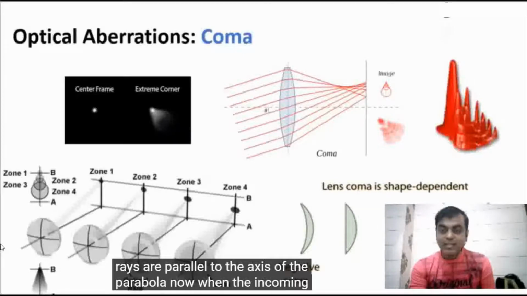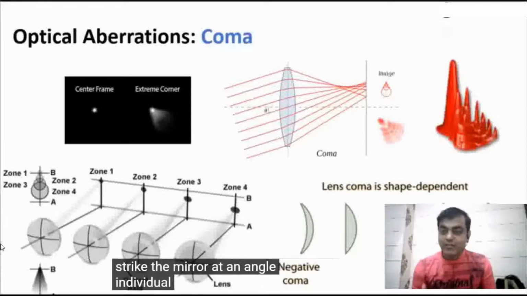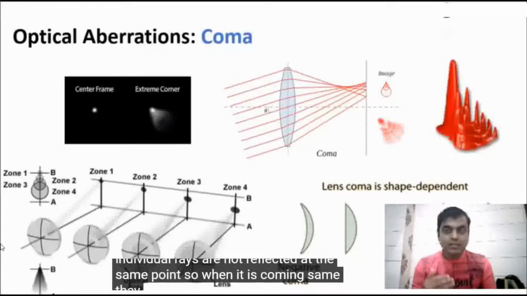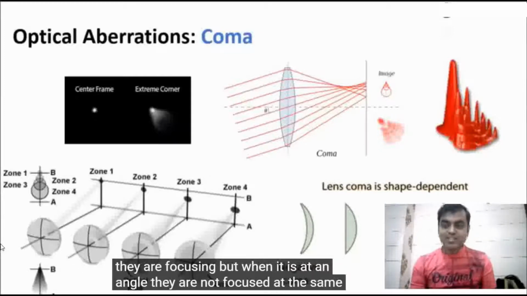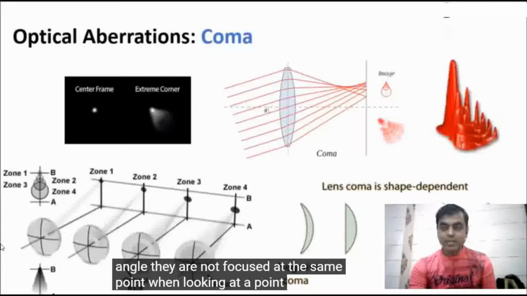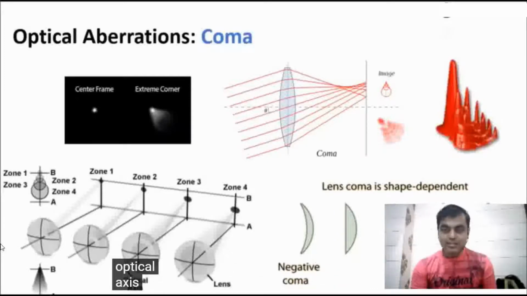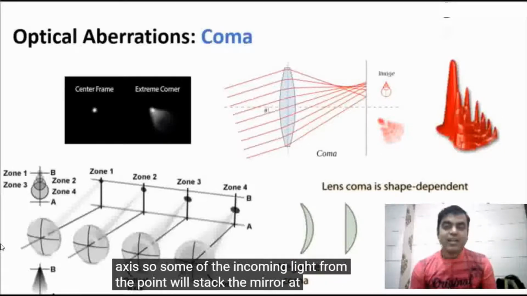Now, when the incoming rays strike the mirror at an angle, individual rays are not reflected at the same point. So when they come parallel, they focus, but at an angle, they are not focused at the same point. When looking at a point not perfectly aligned with the optical axis, some of the incoming light will strike the mirror at an angle.